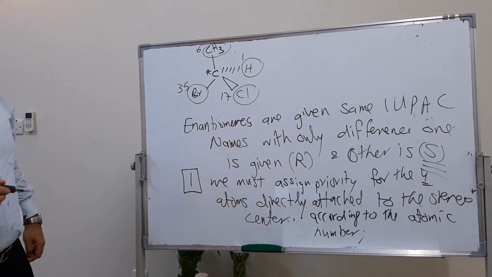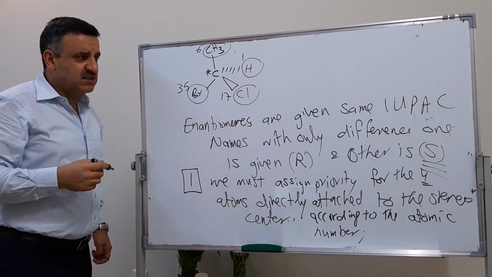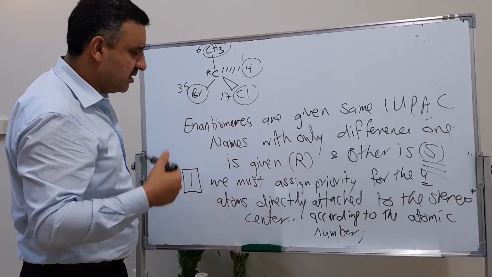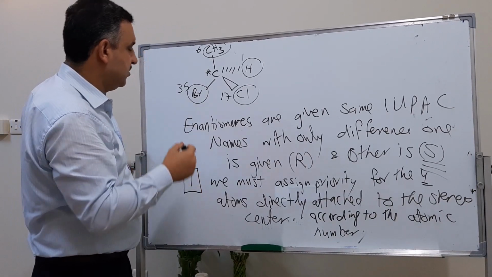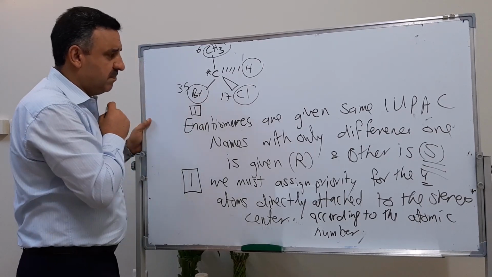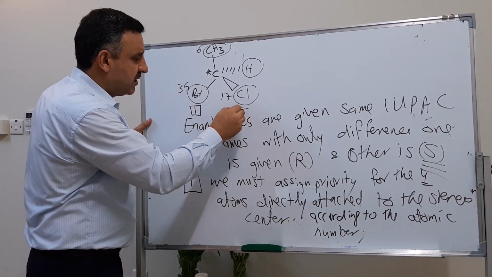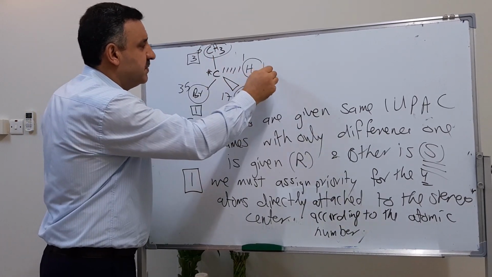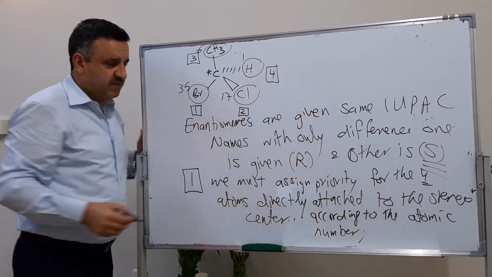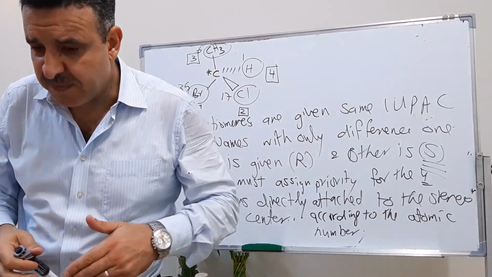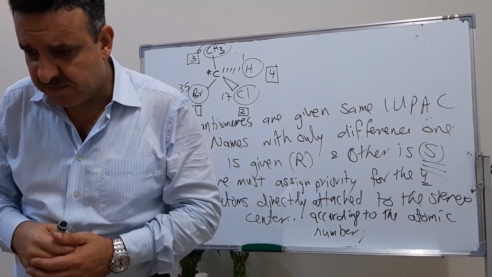So in this case, the higher priority will be the higher atomic number. So this is number 1, or ranking number 1. This must be number 2, this must be number 3, and this must be number 4. Do you follow me? This is how we assign priority of all atoms attached to a stereocenter.